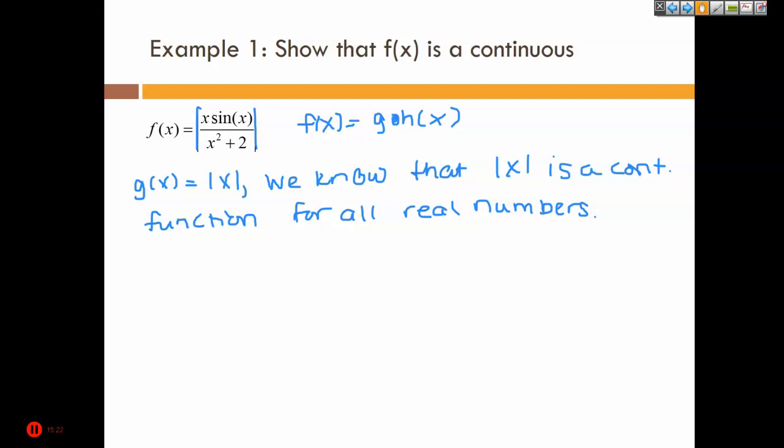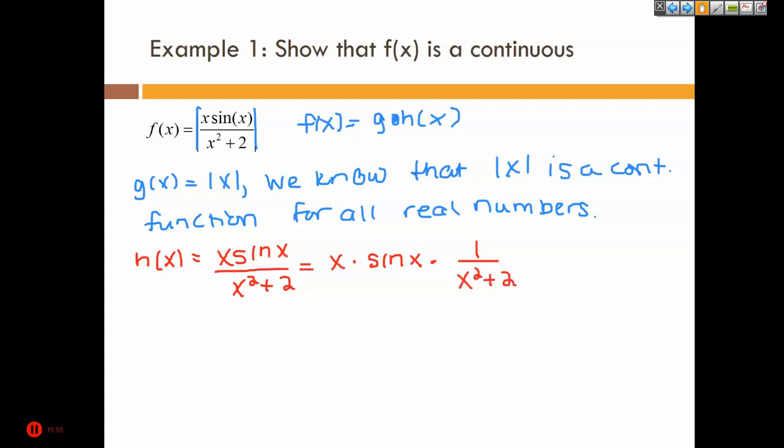If g of x is the outer function and we've represented it by the absolute value, h of x becomes the inner function, x sine x squared plus 2. And really what you can do, by our properties of continuity, is think of this as x times sine x times 1 over x squared plus 2.